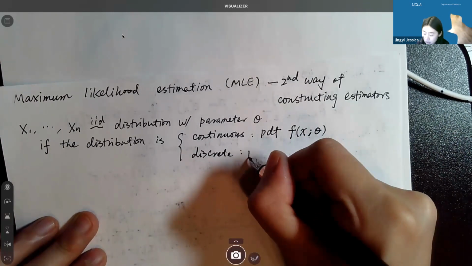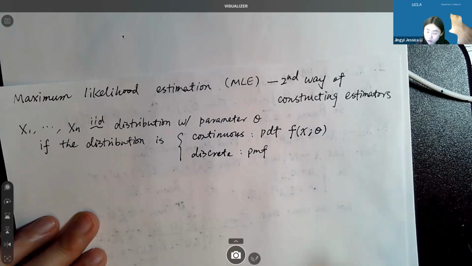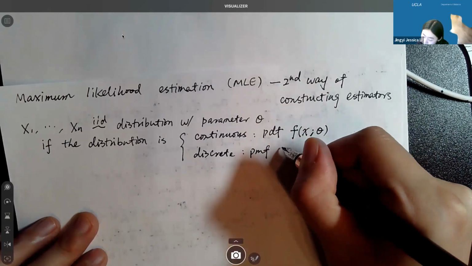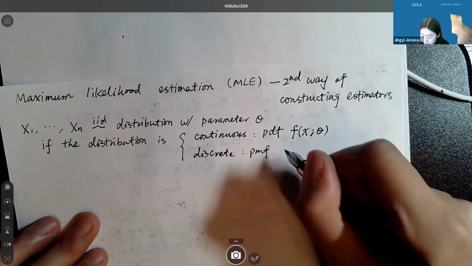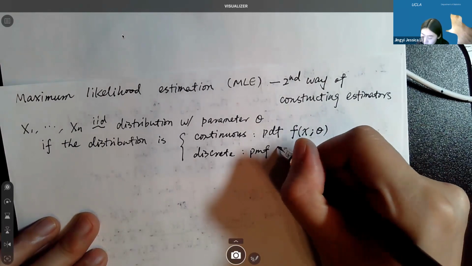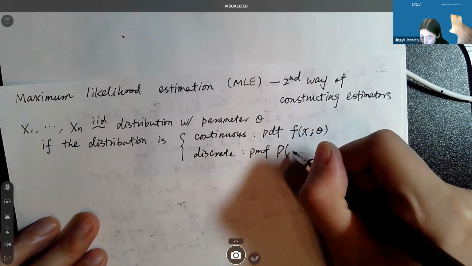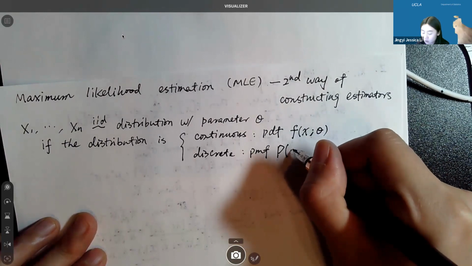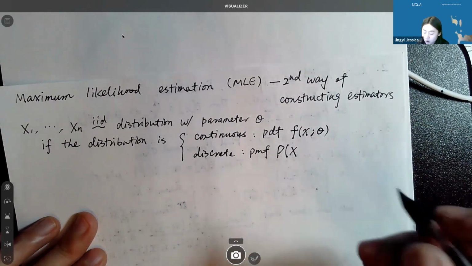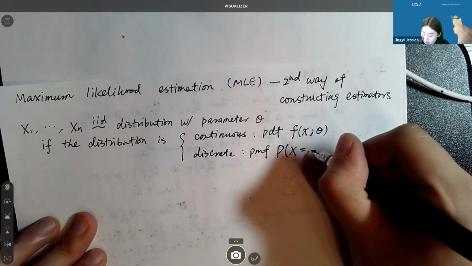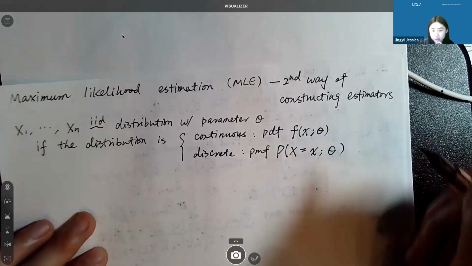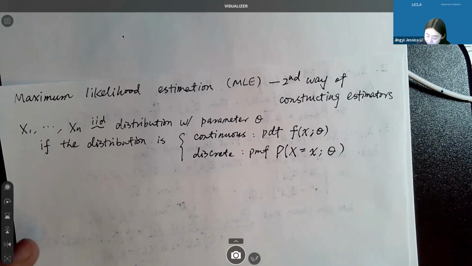In this case, we'll just say the probability mass function is, for a hypothetical random variable following the distribution, the probability that this random variable takes this value small x, given that the distribution is specified by theta. So let me give you some concrete examples.